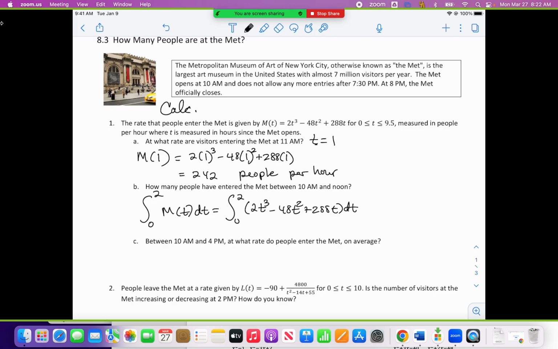And on the AP exam, it would be perfectly acceptable as work to do 0 to 2 m of t dt. If this were calculator, that is sufficient because they know what m of t is.